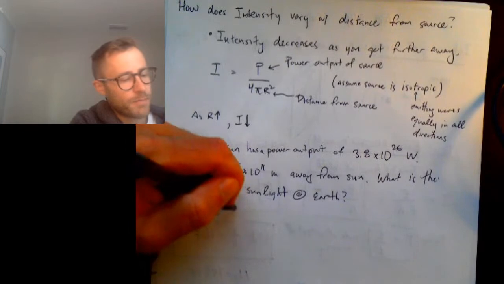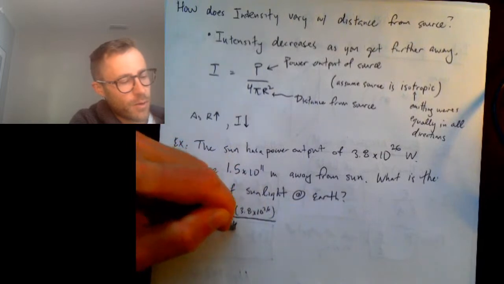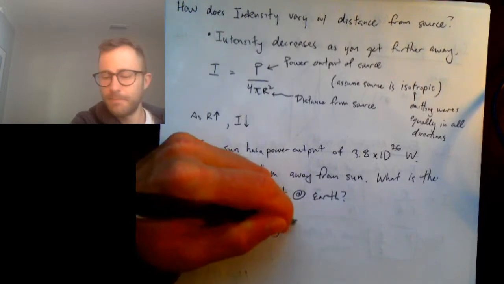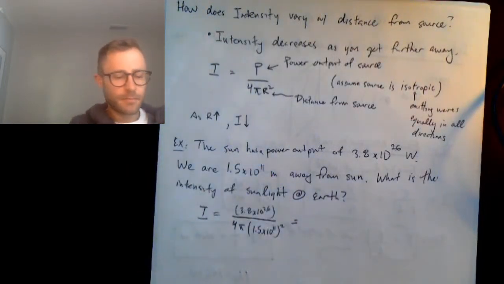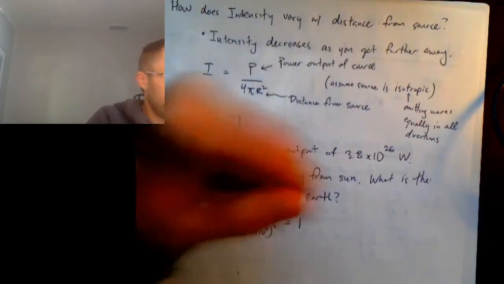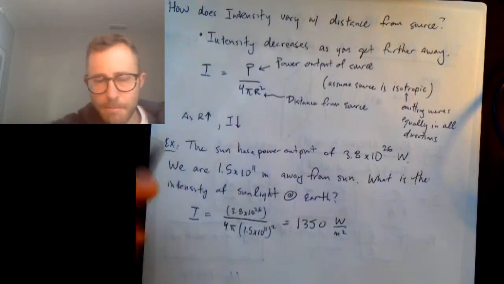Intensity is power, 3.8 times 10 to the 26th, divided by 4 pi times 1.5 times 10 to the 11th squared. And we get about 1350 watts per square meter.